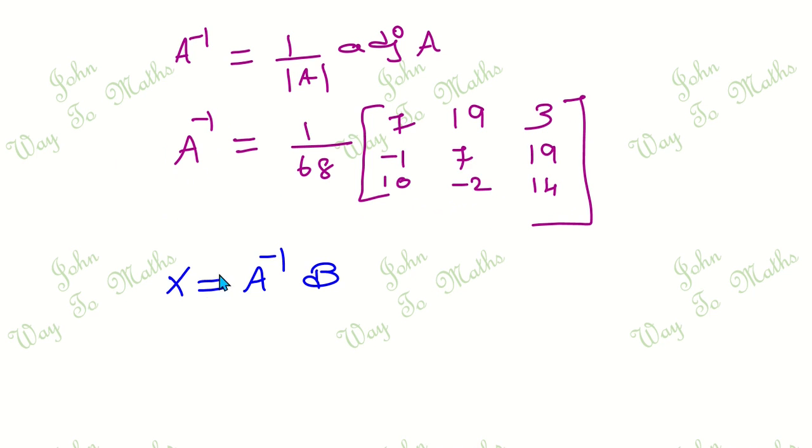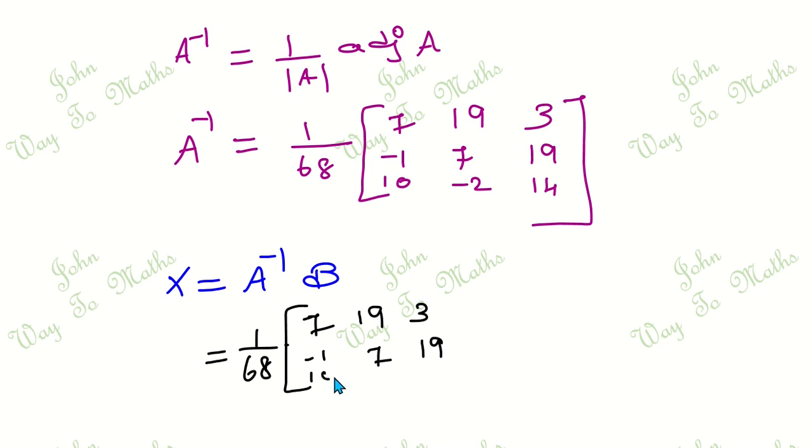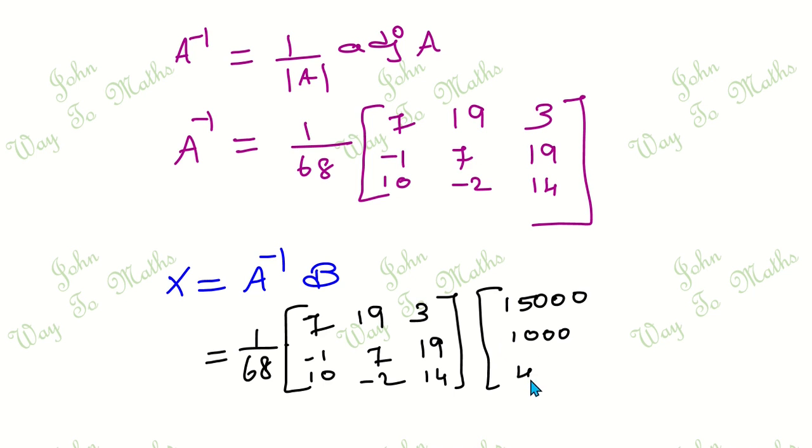Next I'm going to choose matrix inversion method. X is equal to A inverse B. Here I'm going to substitute A inverse 1 by 68, 7, 19, 3, minus 1, 7, 19, then 10, minus 2, 14. B matrix becomes 15,000, then 1000, then 4000.